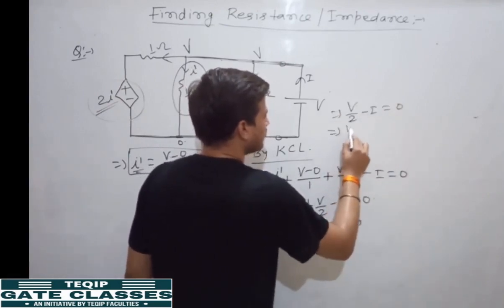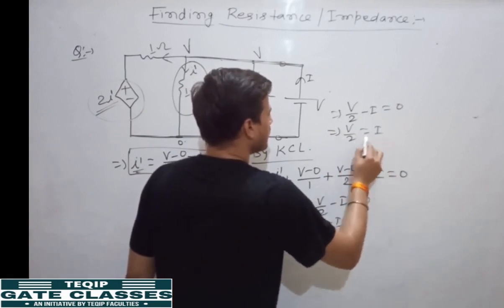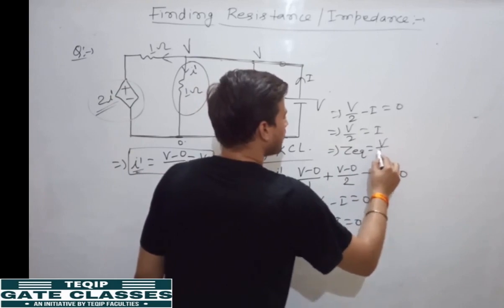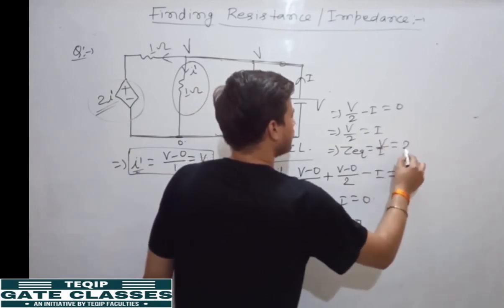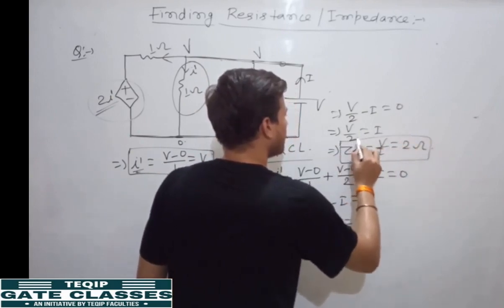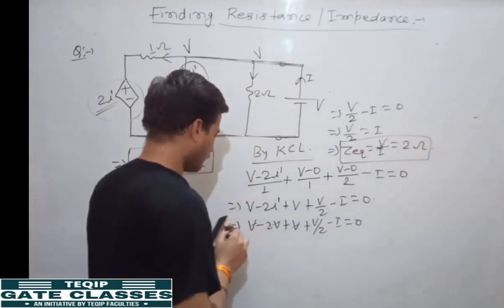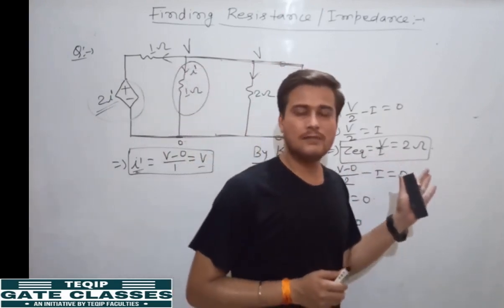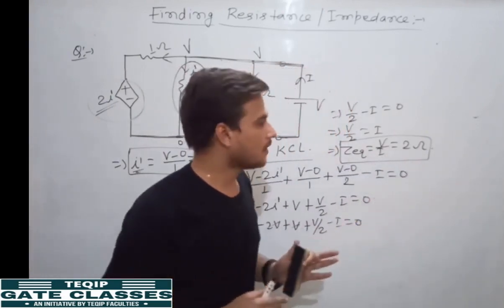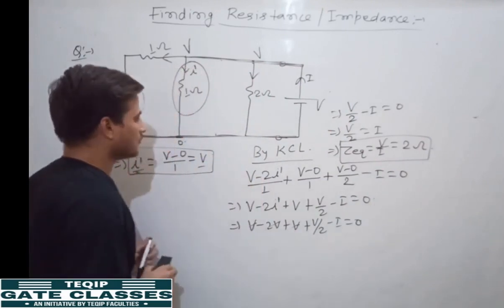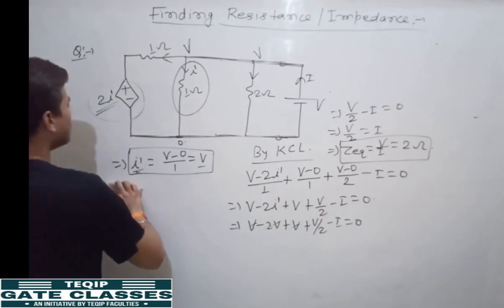That means V by 2 is equal to I. That means Z equivalent will be equal to V by I, and it will be equal to 2 ohm. Clear? So this is the answer of this question.